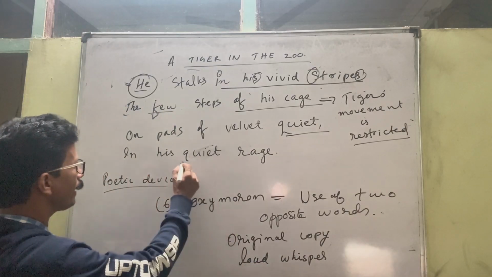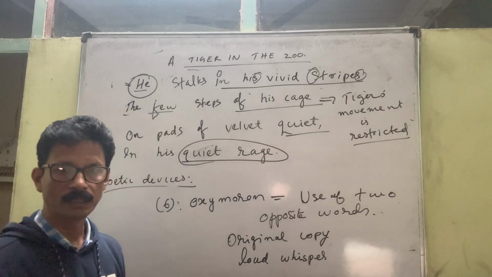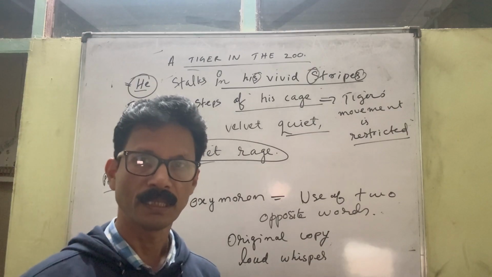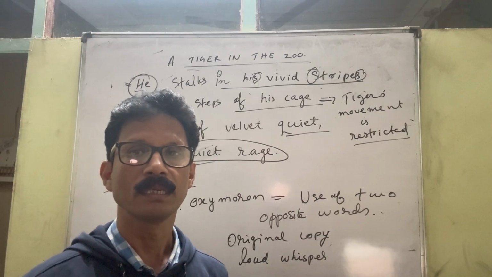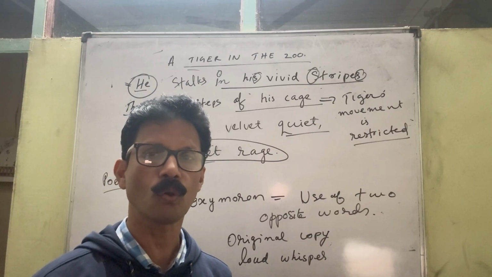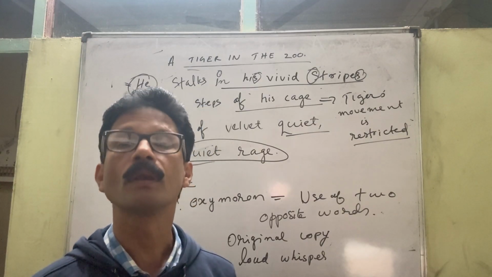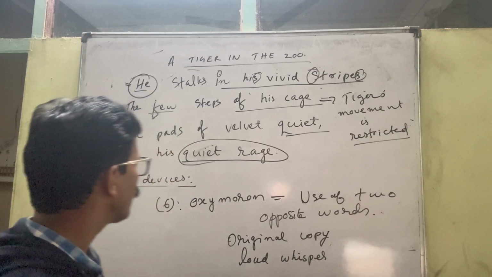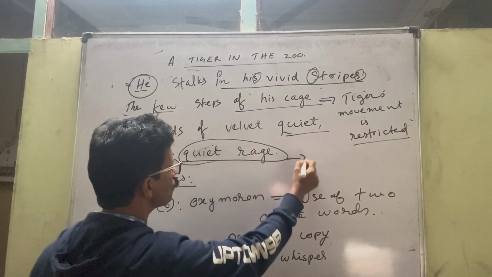You see, quiet rage. Rage means anger. Rage cannot be silent. There is no question of rage being tranquil or silent. So here the two opposite words quiet and rage are used.